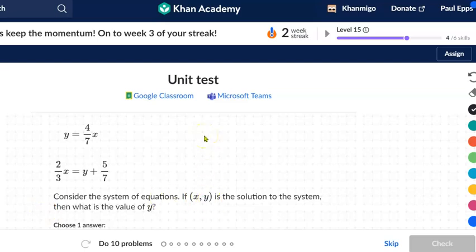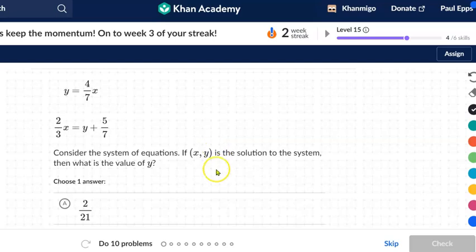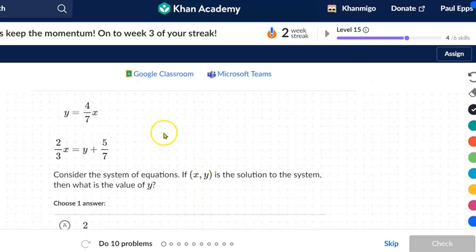y equals 4/7 x, and 2/3 x equals y plus 5/7. If (x, y) is the solution to the system, what is the value of y? All right, we could solve it for y. We would want to express x in terms of y.